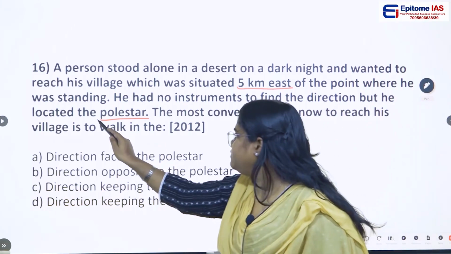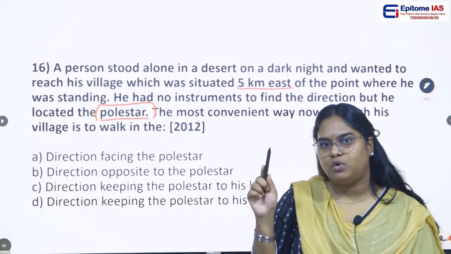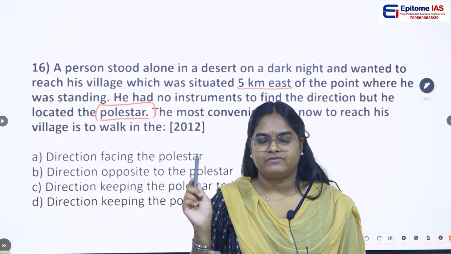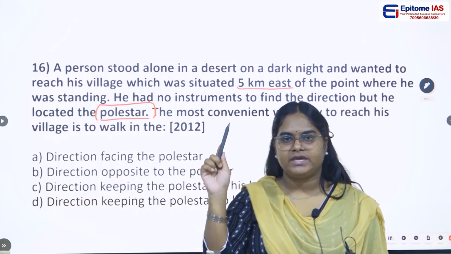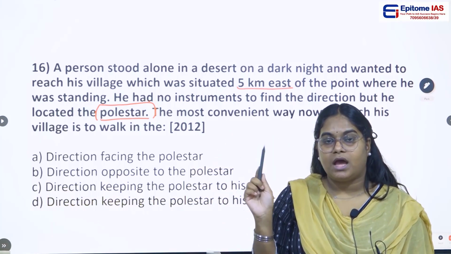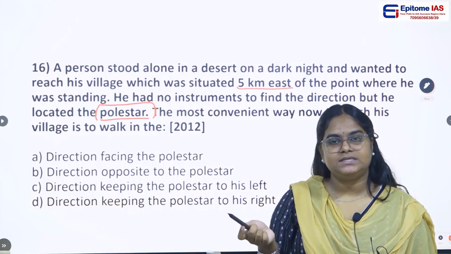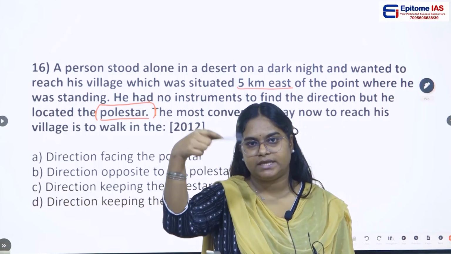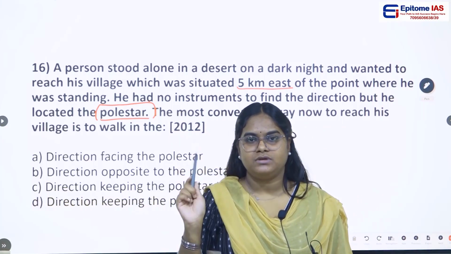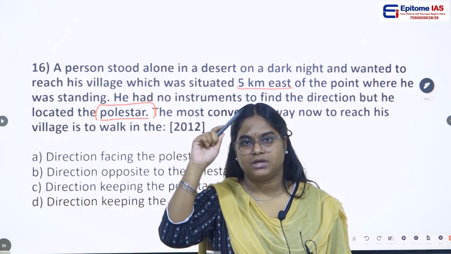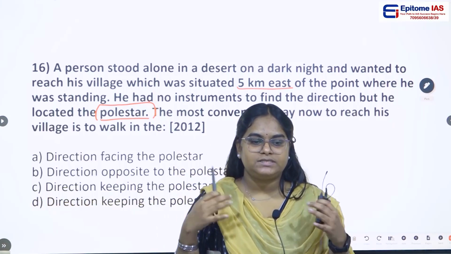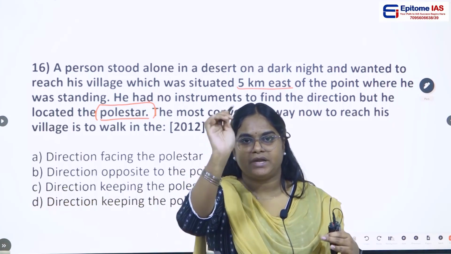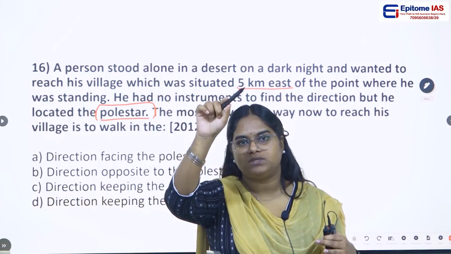So we also know that the pole star is in the north direction. From the northern hemisphere they can spot the pole star, and in the southern hemisphere they can't see the pole star because it is directly in the axis of the earth in the north direction. So let's say I am standing here and this is my north and I am facing the pole star.